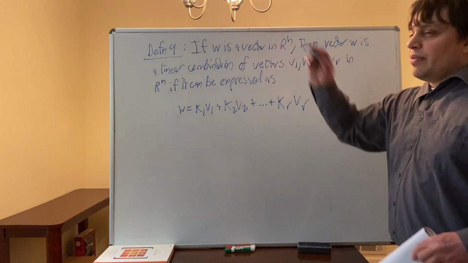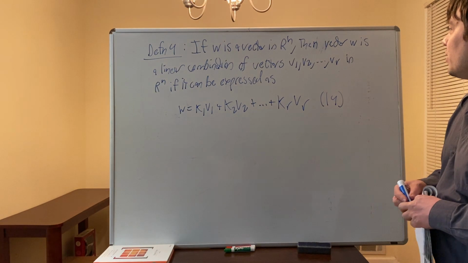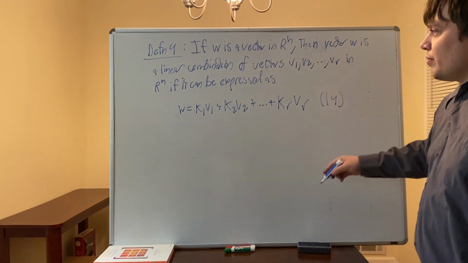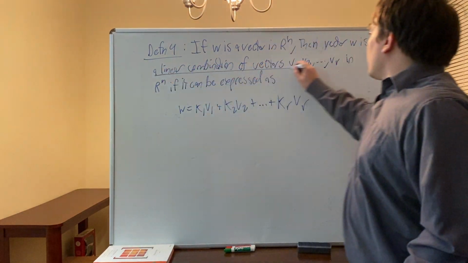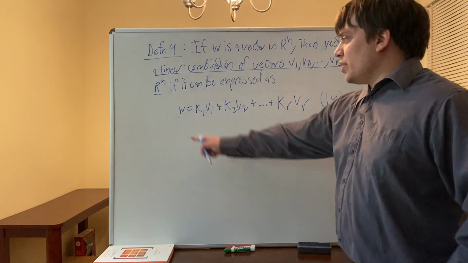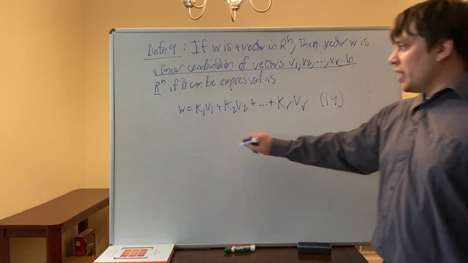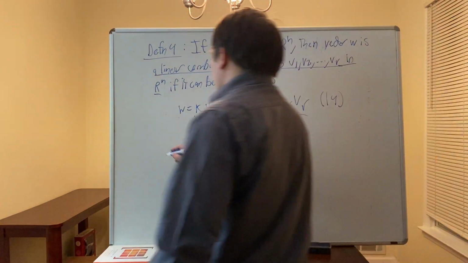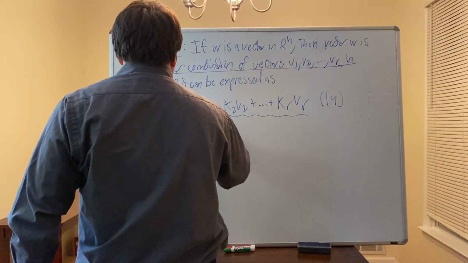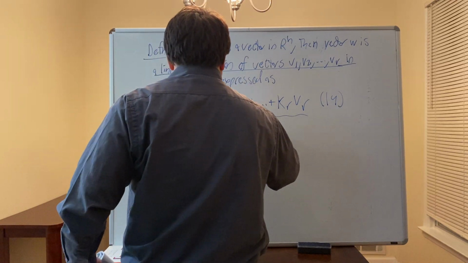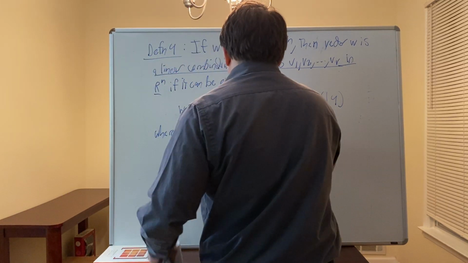So if w is a vector in n space, then the vector w is a linear combination of these vectors in Rn if we can write w as being equal to an expression like this, where k1, k2 to kr are scalars.